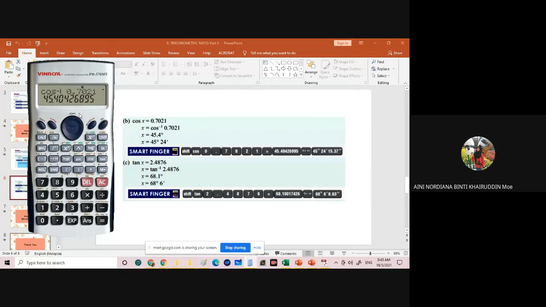If you want your answer in degrees and minutes, press this button. So 55 degrees 24 minutes. For tangent, the same way: press shift and then tangent, 2.4876. Then press equal. This is the answer in degrees. If you want degrees and minutes, press this button. So 68 degrees 6 minutes.